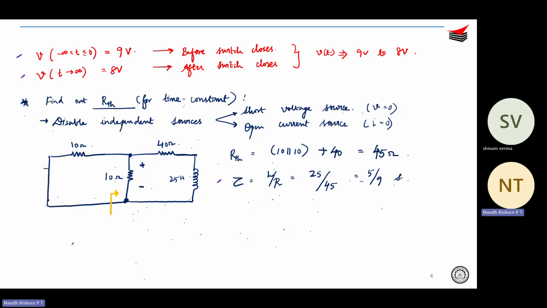That means my voltage is decaying from 9 volts to 8 volts. If I write the time expression, it will have a constant number 8, and over that there will be a decaying component which decays from 9 volts to 0.